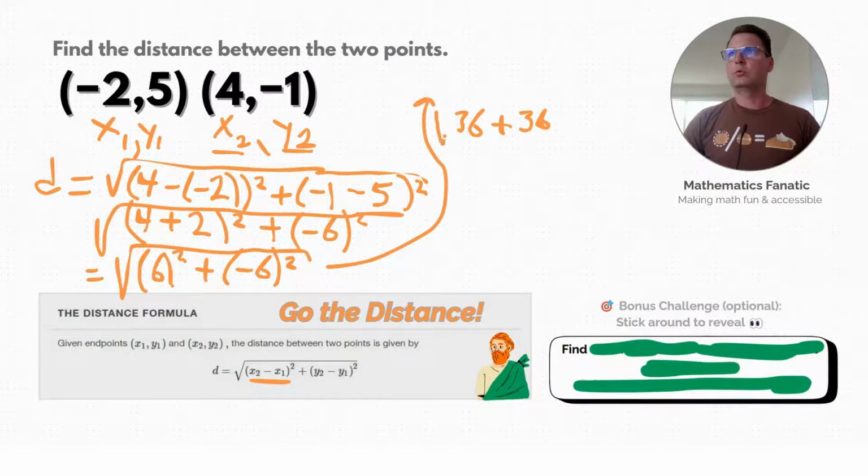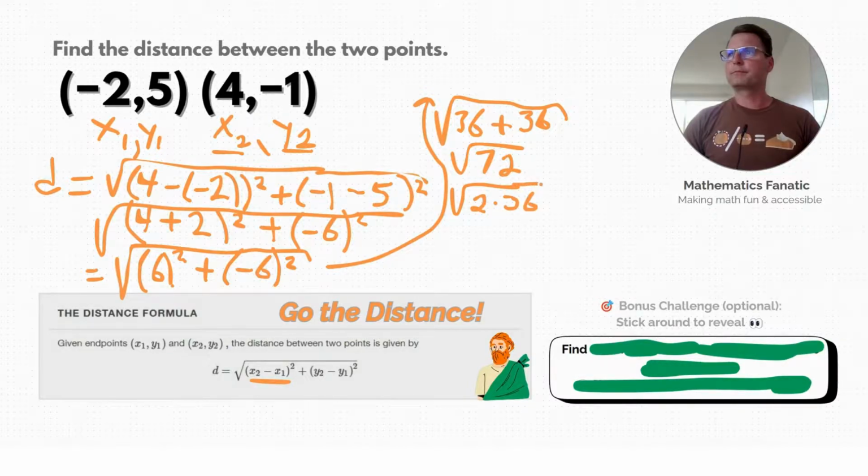So we have square root of 36 plus 36. And that's equal to square root of 72, right? But another way of writing this that's going to make this easier for us to simplify is square root of 2 times 36. So why does that help us?